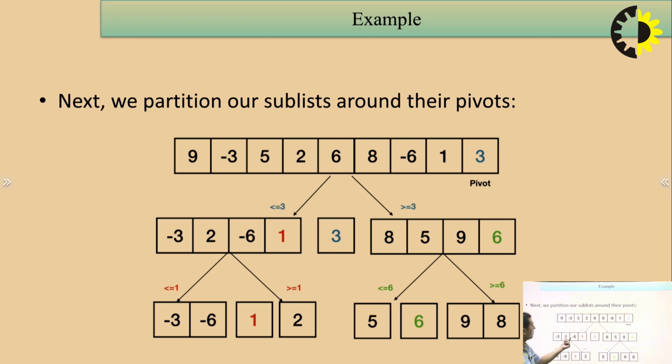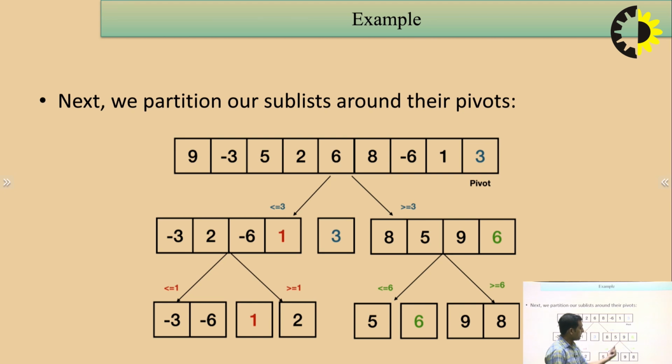Now for the left subarray we place 1 such that the left subarray is less than it: -3 and -6 are less than 1, and 2 is greater, so it is the right subarray. In the right portion again repeat the process.